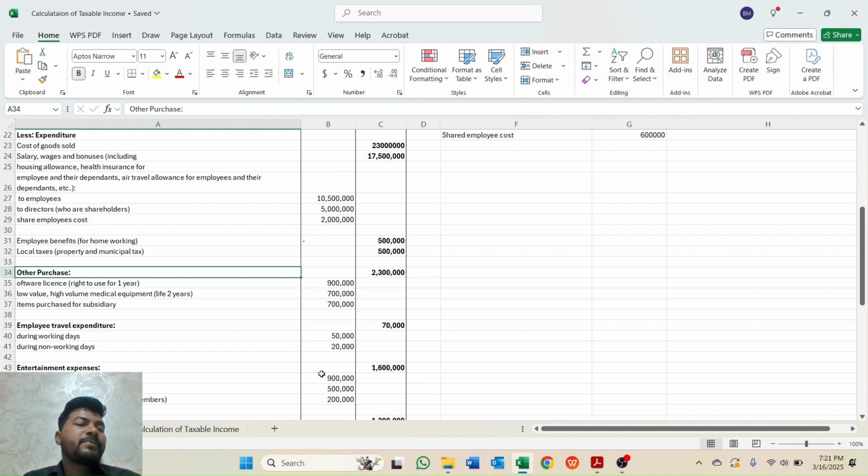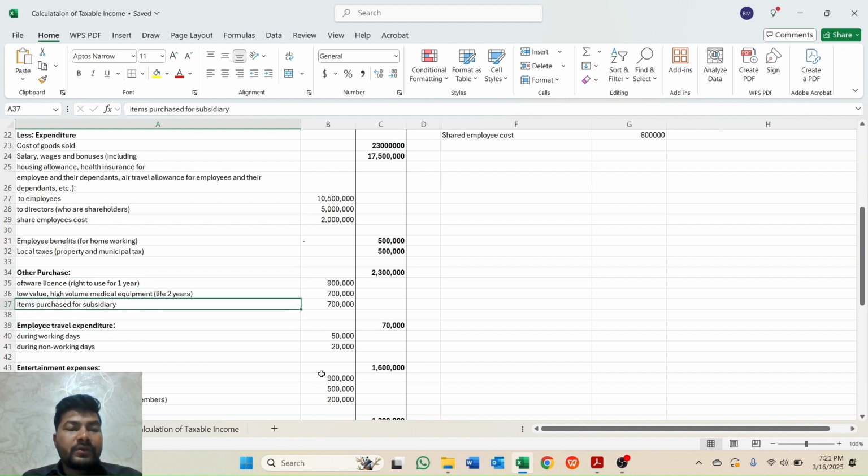Now let's come to the purchases. Look, our software license 900,000. Since this is for business purposes, we will do nothing. Again, medical equipment, again we will do nothing. Item purchased for subsidy. Look here, purchased for subsidy, and we went through all the details of the draft standalone financial statement.